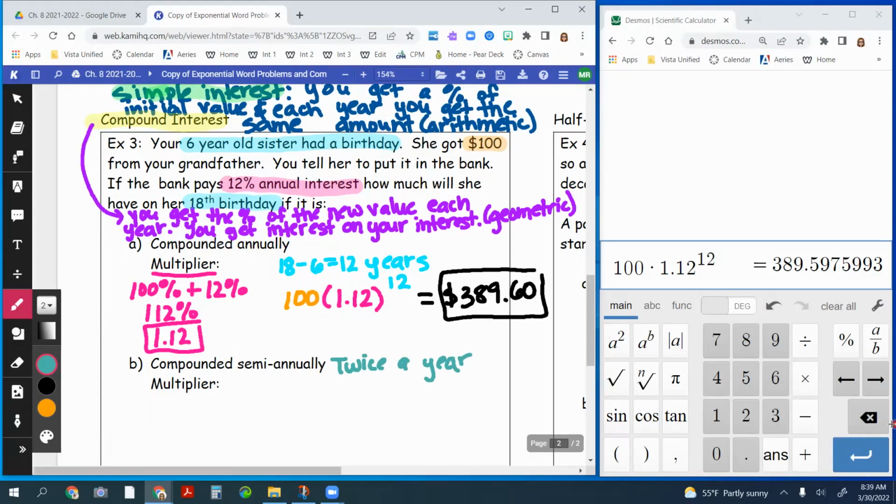She gets 12% split into equal pieces. So what we're going to do is we're going to take our 12%. We're going to divide it by 2, and she's going to get 6% twice a year.